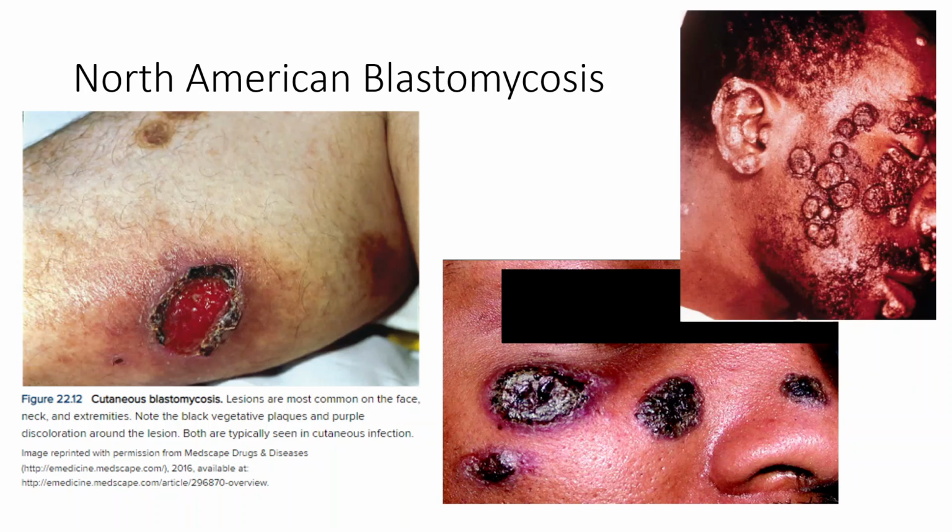Okay, so these are those nodules we were talking about, right? And so they produce what we call cutaneous blastomycosis, right? It's in that skin layer.